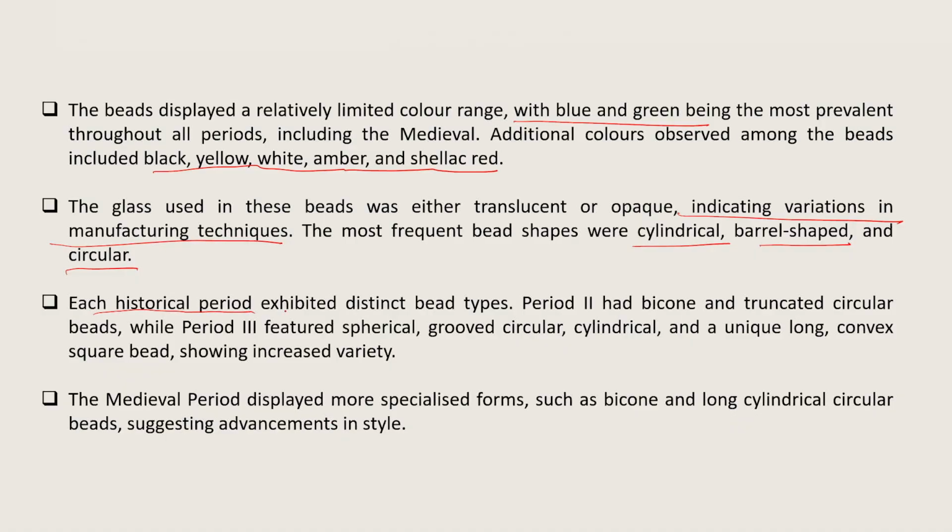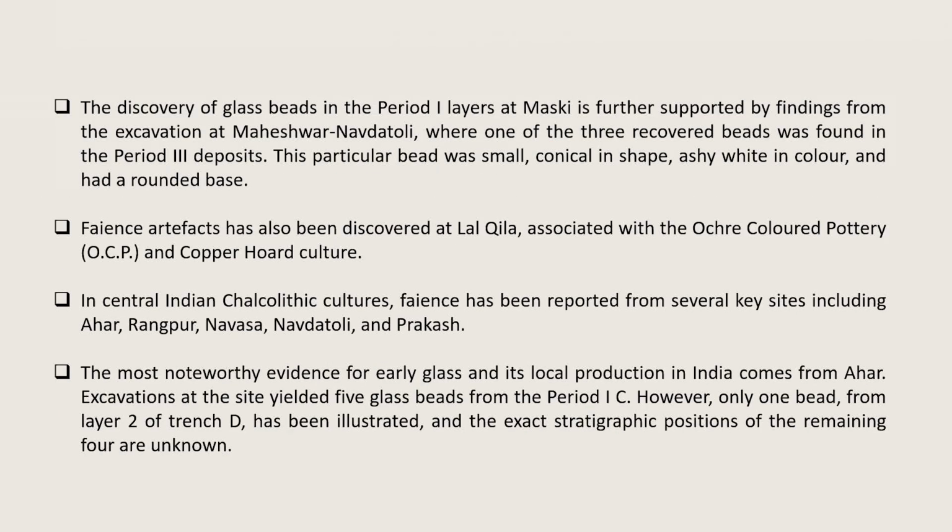Each historical period exhibited distinct bead types. Period 2 had bicone and truncated circular beads, while period 3 featured spherical, grooved circular, cylindrical and a unique long convex square bead, showing increased variety. The medieval period displayed more specialized forms such as bicone and long cylindrical circular beads, suggesting advancement in style.